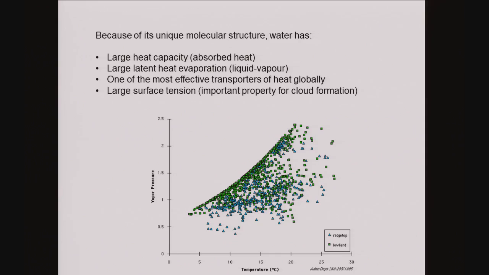It tends to deform the surface of the water, and we look at the balance of forces. It has weight, so there's a force coming down, and the surface tension acts to keep this needle above the surface of the water. It's just a force in the opposite direction. That's due to the surface tension of water, but that property turns out to be important for cloud formation. It holds droplets together. I'll talk about it in a short while.